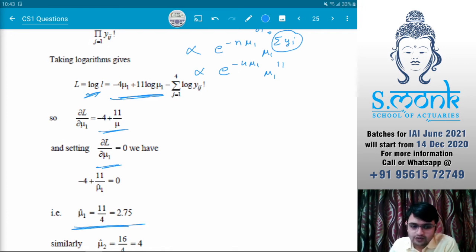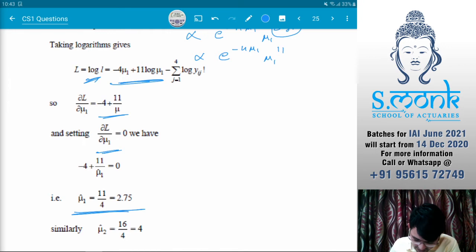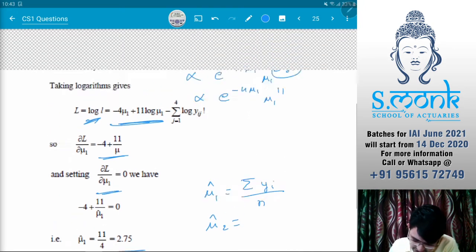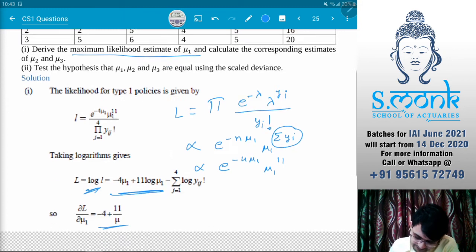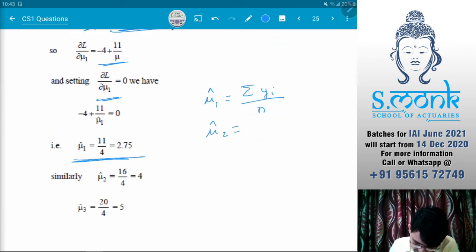Similarly, you can find mu hat 2 and mu hat 3. Your mu hat 1 became summation yi upon n, so mu hat 2 will be 16 by 4, and mu hat 3 would be 20 by 4.